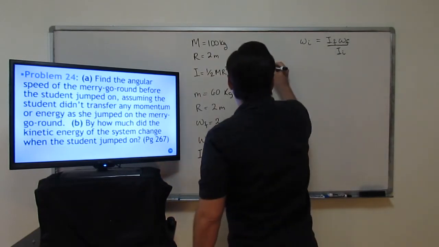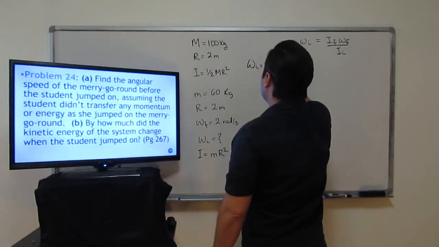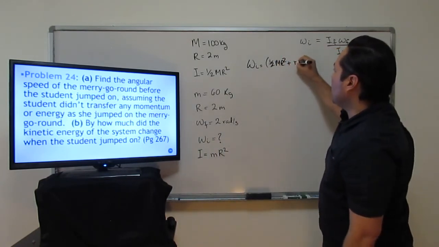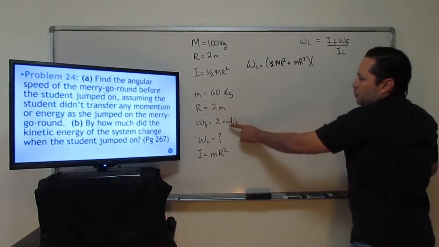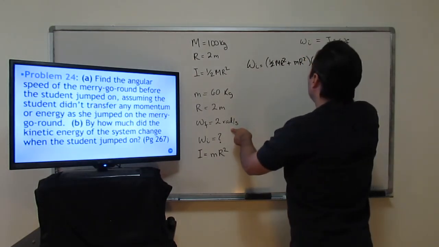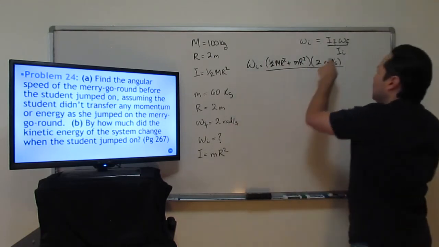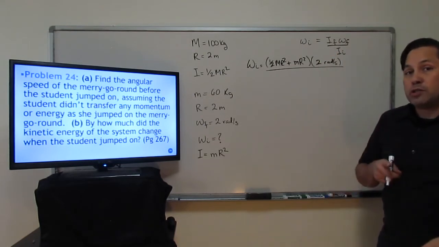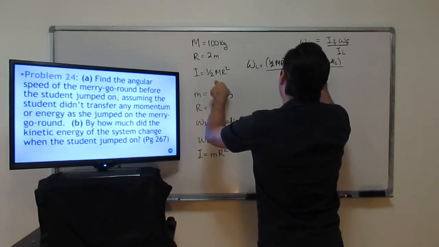Let's put the disk first: 1/2 mr squared plus the student's mr squared, multiplied times the angular speed final, 2 rads per second. And all of it is divided by the initial moment of inertia, before the student jumped on. So it's just a disk, which is 1/2 mr squared.